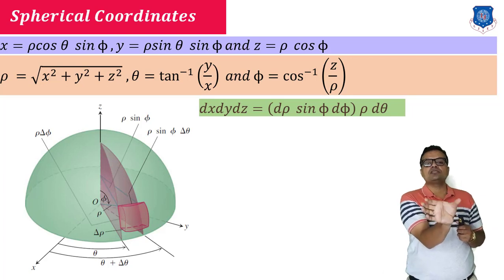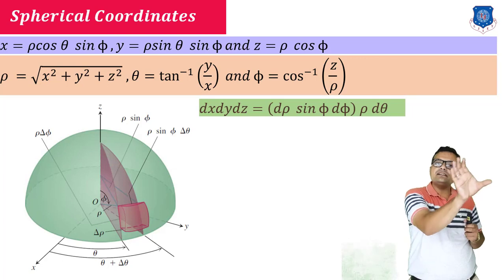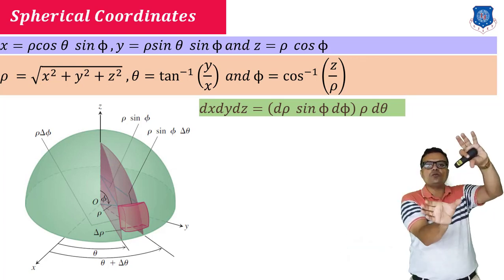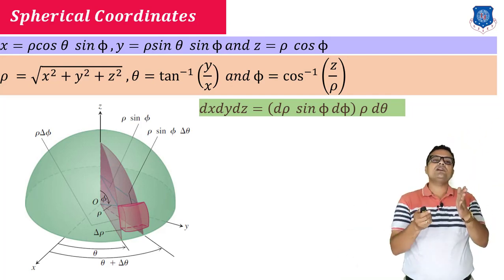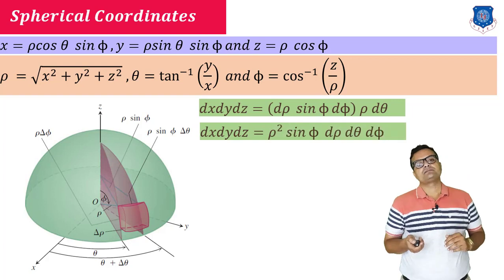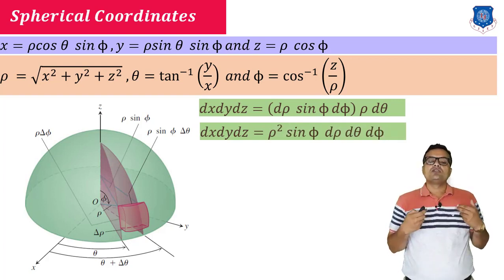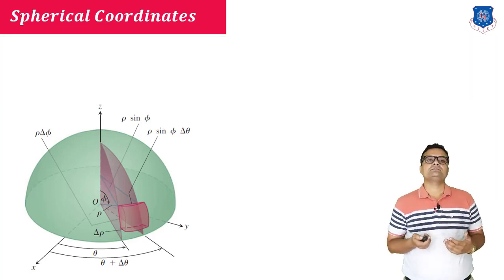What changes here is that it is not actually a rectangle, it is a slanted rectangle. It will be on a sphere. So you will generate a wedge like this, and then you rotate it. This is how we find a portion on the sphere. So ultimately I can write down this order: rho square sin phi d rho d theta d phi.